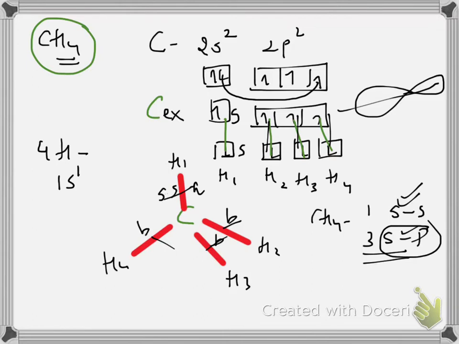That was the first drawback of valence bond theory. To overcome this drawback, we introduced hybridization, which we can discuss in another class. Thank you.